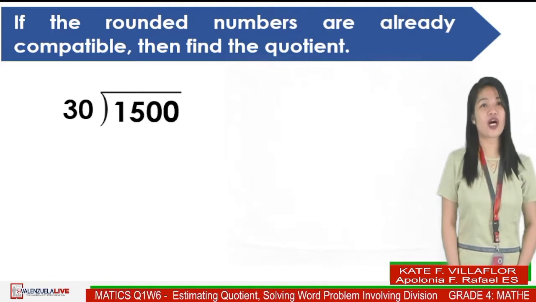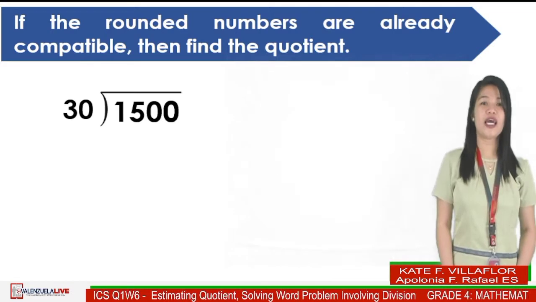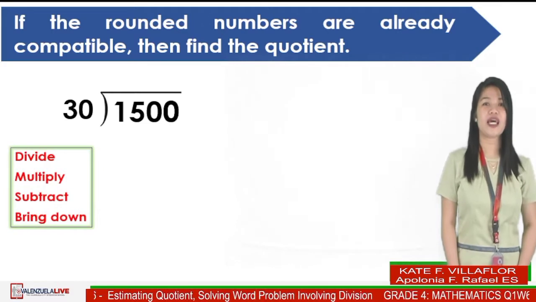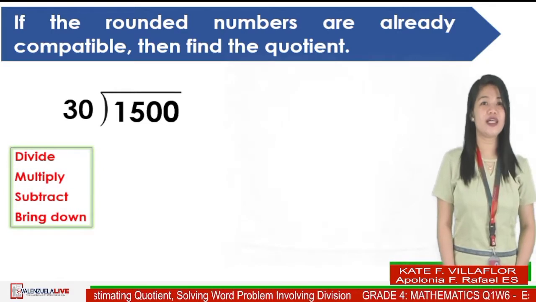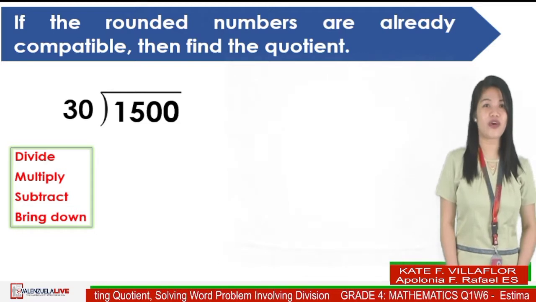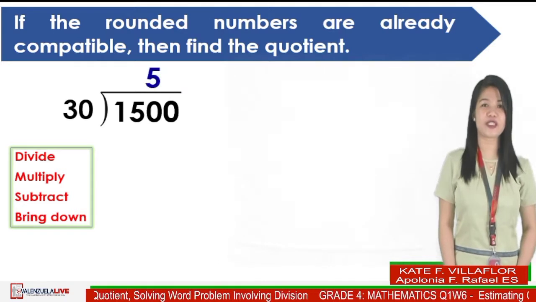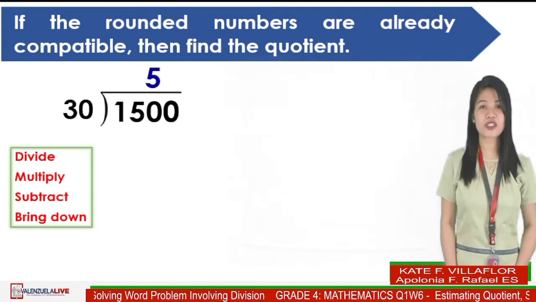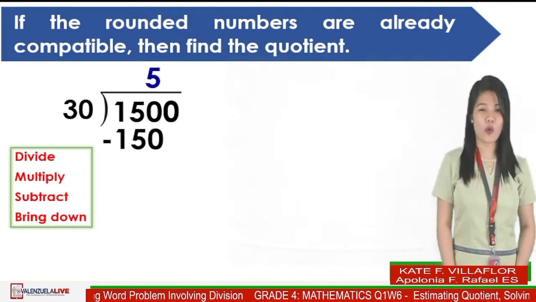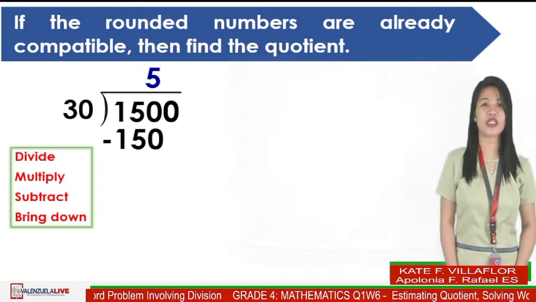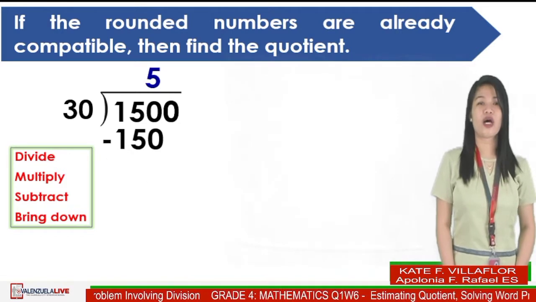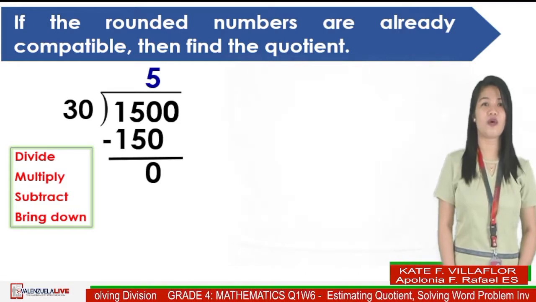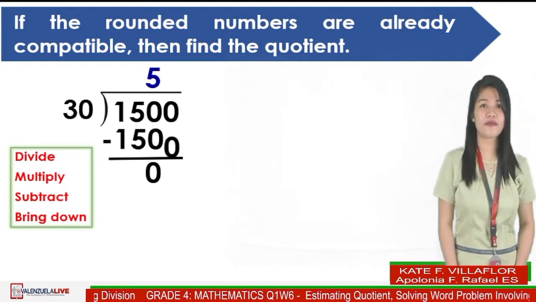Let's divide 1,500 by 30. Remember the four steps? First, divide. 150 divided by 30, the answer is 5. Then multiply the quotient. 5 times 30, the answer is 150. Very good. Then subtract 150 minus 150, the answer is 0. Then bring down 0.